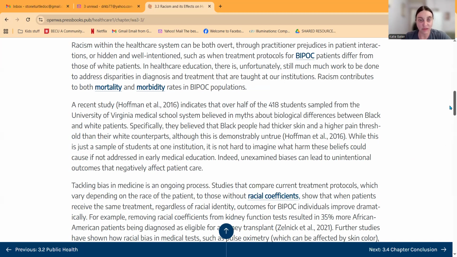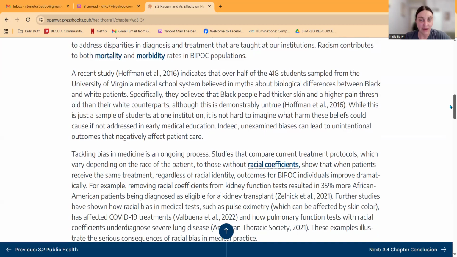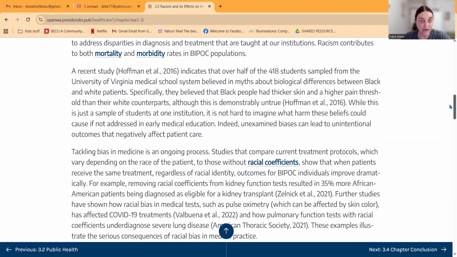And I think that it's really important for students to see how other students are interacting with the idea of racial inequities in healthcare. So we start with the discussion about the University of Virginia medical school system and how they had believed some myths about medical differences between Black and white patients.